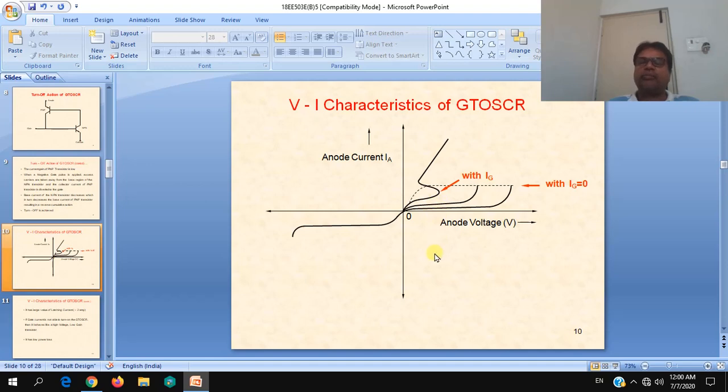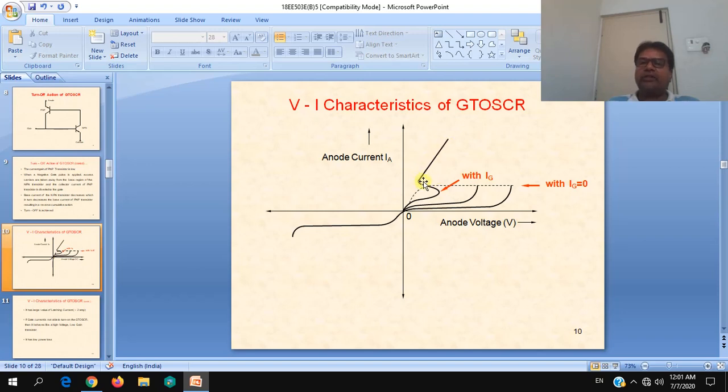But when compared to the conventional SCR, large gate pulse is required, or higher magnitude of gate current is required, though for lesser duration. For lesser duration, high magnitude of gate current is required, and so it will turn on and enter into conduction mode after crossing the latching current.